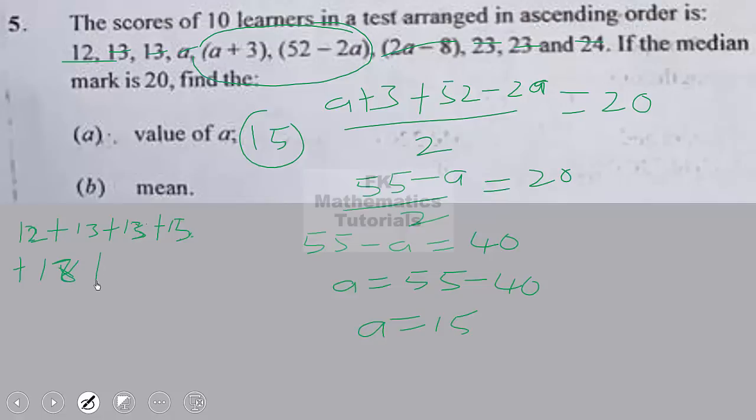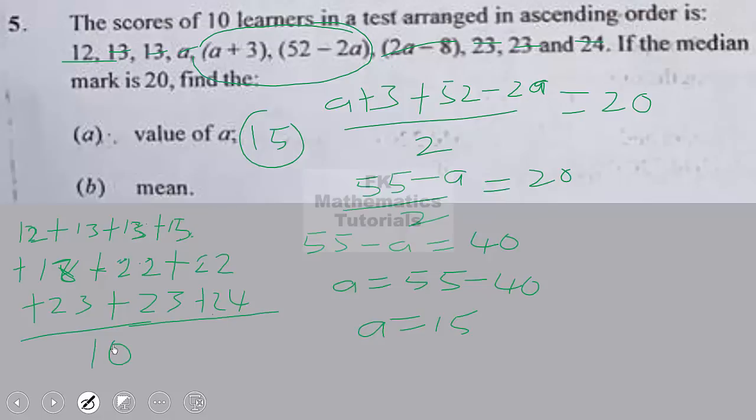Then 52 minus 2a, 52 minus 30 will be 22. Then 2a minus 8, 30 minus 8 will also be 22. Then we have 23 plus 23 plus 24, all over 10.